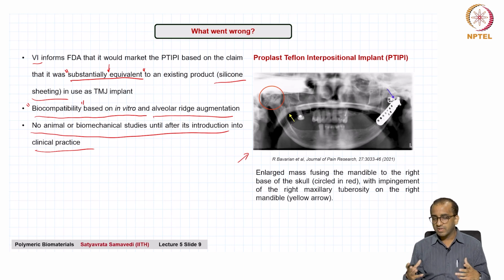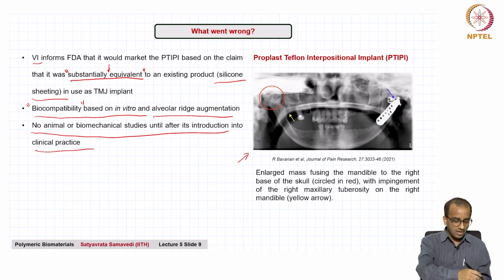So obviously problematic things, that the patients would have had to suffer a lot of pain after these implants had gone in. And this happened because of PTFE's poor ability to withstand the mechanical forces, or the wear resistance, in that region of the body.